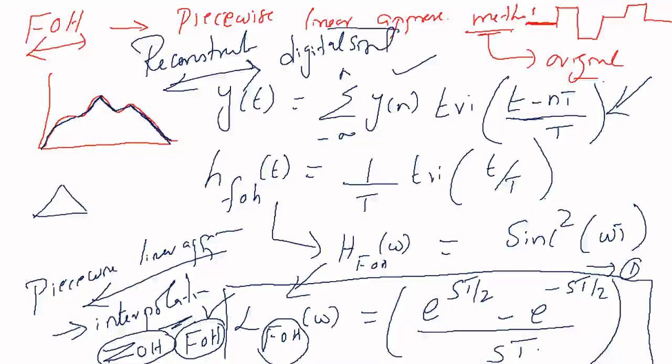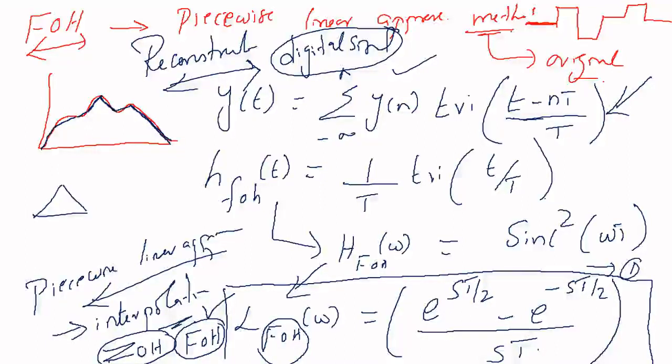So in short, what we have studied is that sampling by Dirac delta function carries a lot of problems. I have given 5 reasons why we are not using it. Second, I introduced the concept called ZOH, the zero order hold circuit.